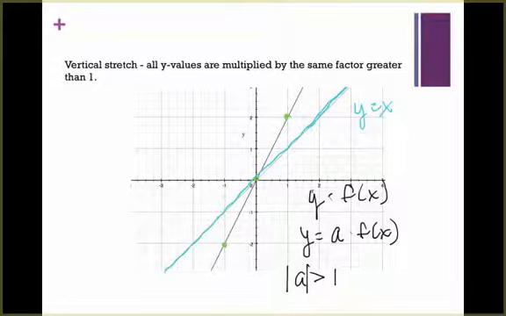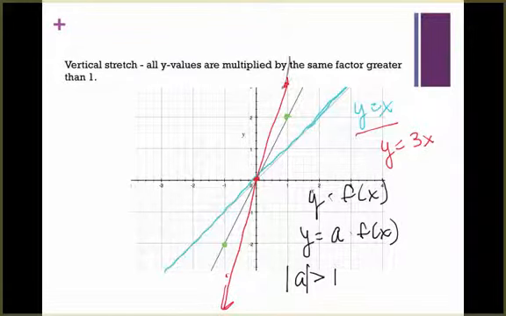If that number happens to be negative, it would reflect it over the x-axis also, but the a value is what's going to stretch it. So if I were to multiply that same equation, like y equals x, and graph y equals 3x, I would expect to see a dot at 0, 0, at 1, 3, at negative 1, negative 3, and so I'm going to see my graph gets much steeper, and I've stretched it vertically.